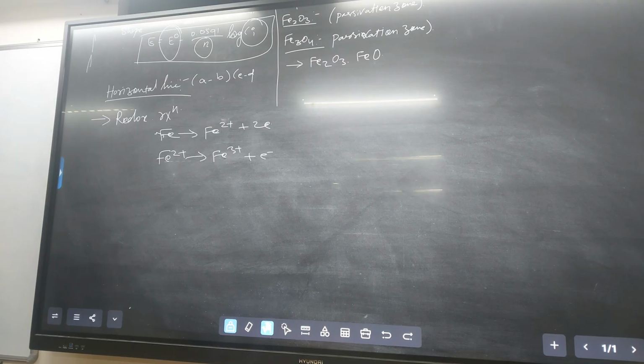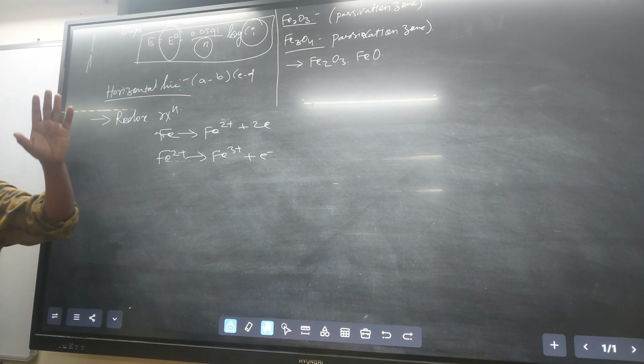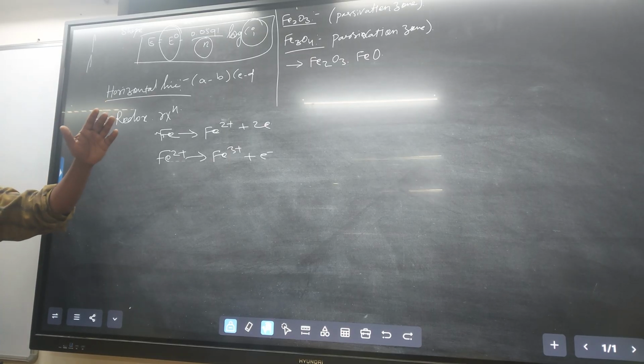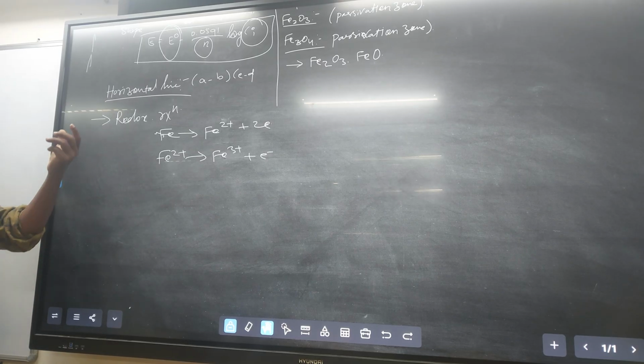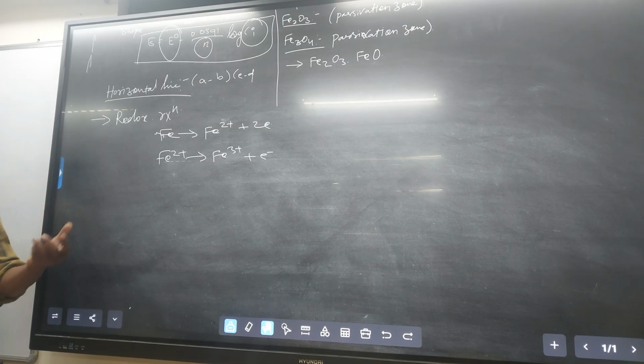That's why we say the horizontal line represents electron transfer, the vertical line represents proton transfer, and the slope explains electron as well as proton transfer. So electron transfer means it is independent of pH. When you change the pH, increasing or decreasing, it won't matter. Only the reduction potential varies.